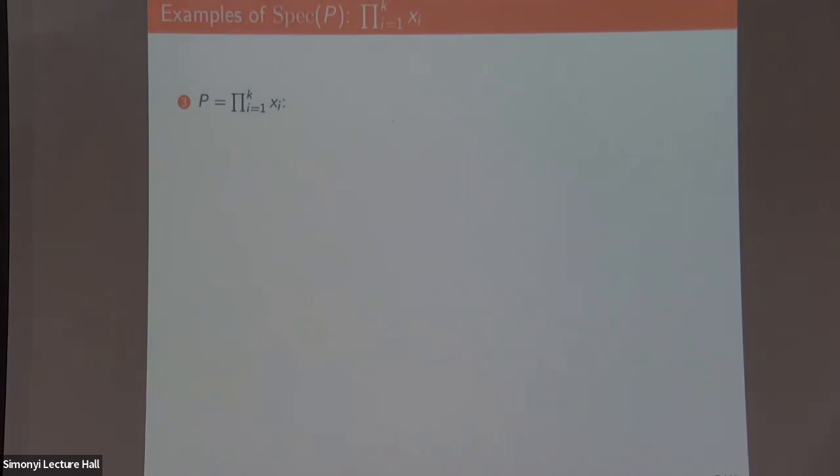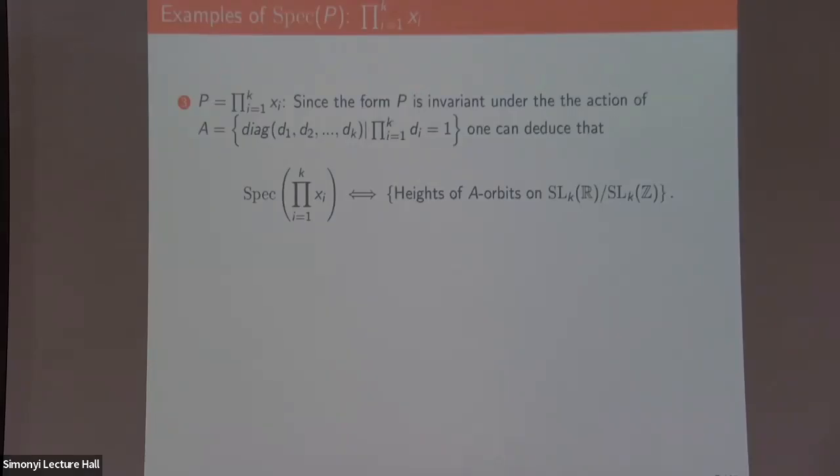So if P is the product of the coordinates of the lattice vector, the first thing to observe is that this polynomial is invariant under the diagonal action, which means that if we take the infimum of this polynomial over the lattice, this is invariant under the diagonal orbit of the lattice. And this means that the spectrum is related to the heights of the diagonal orbits on SL_k(R) mod SL_k(Z).